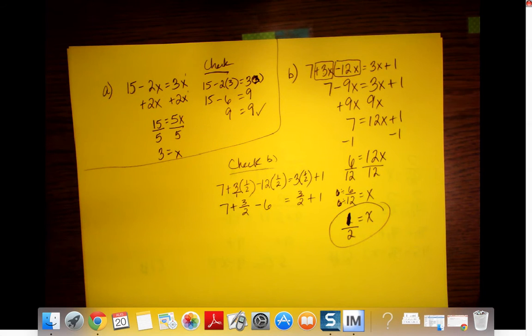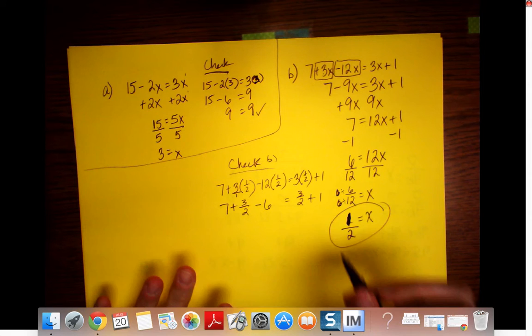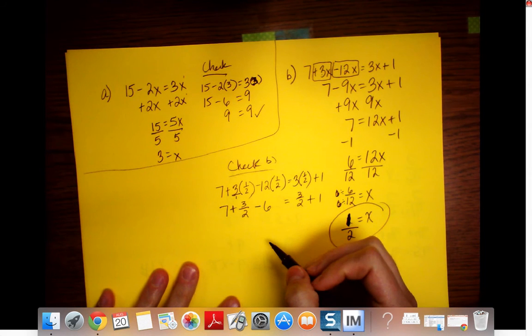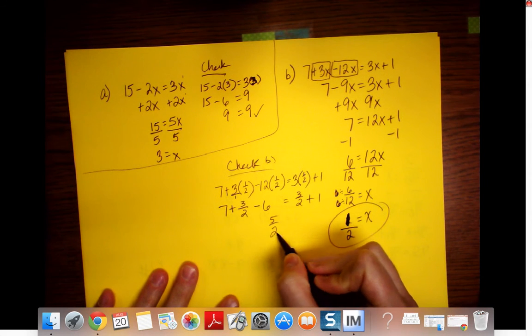And I always tell my students, if you're putting a fraction in the calculator, you need to put parentheses around it. So we have 7 plus 3/2 minus 6. I got 2.5, which will be 5/2.